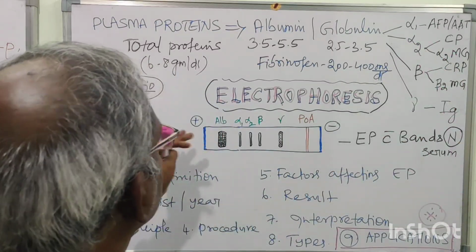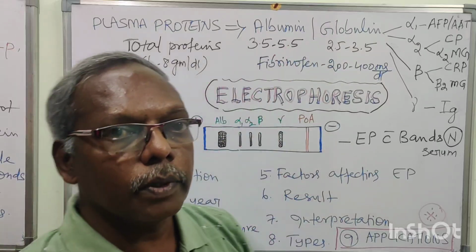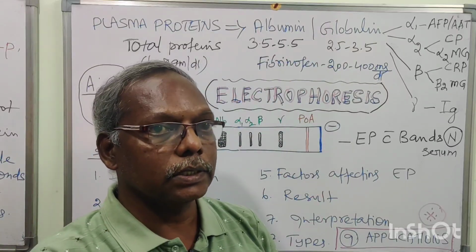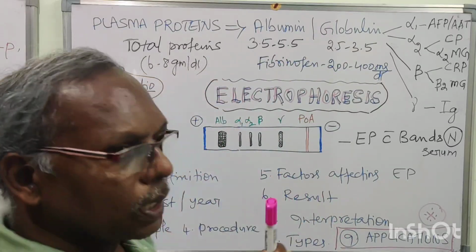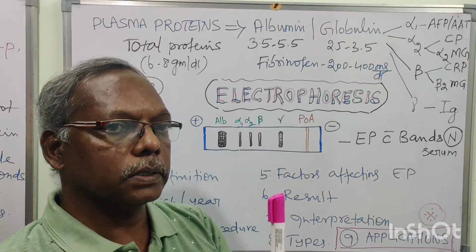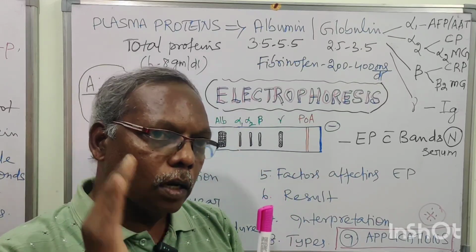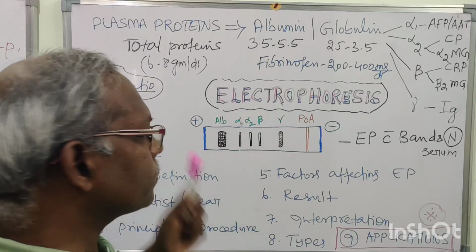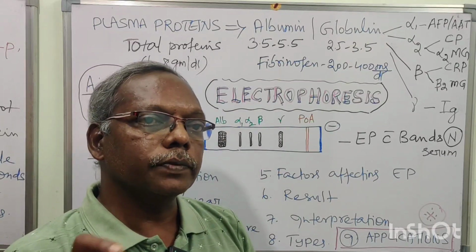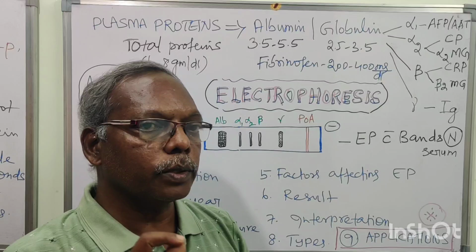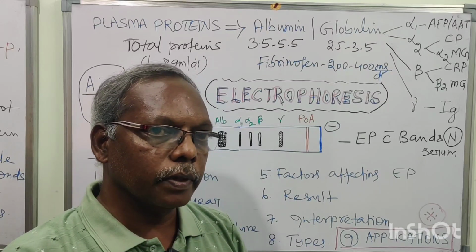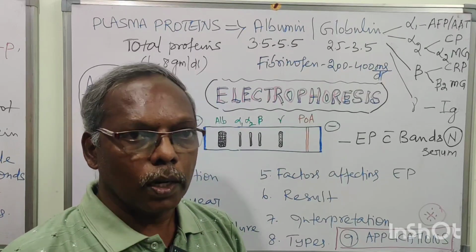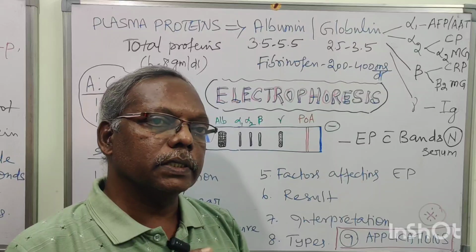Next, with albumin and globulin we have one ratio, that is the AG ratio, based on the synthesis of albumin and globulin. Usually albumin is a little bit high, globulin is somewhat low. Globulin is fixed, only 1, whereas albumin starts from 1.2 and ends with 1.6 only, that is 1.2 to 1.6 is the albumin level, whereas globulin level is 1. Why do you want to measure this AG ratio?